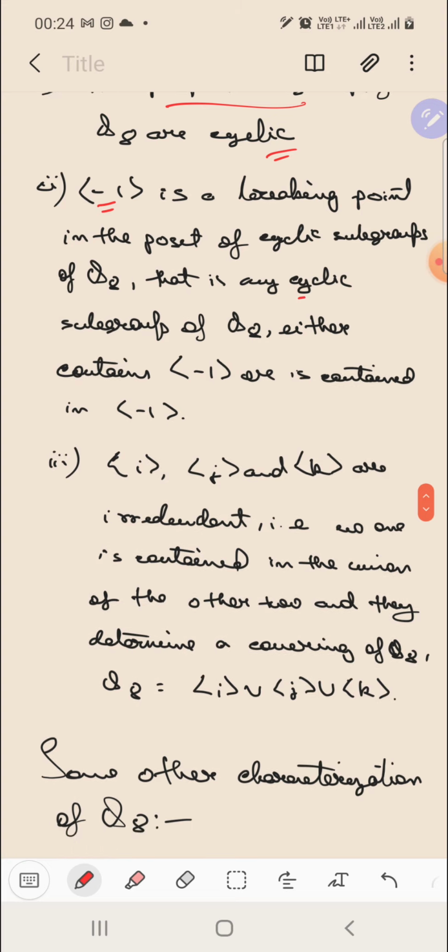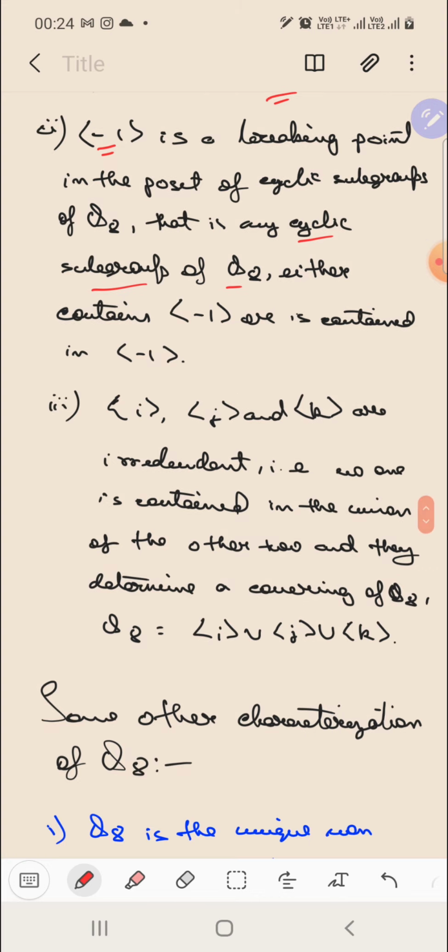Any cyclic subgroup of Q8 either contains the cyclic subgroup of -1 or is contained in the cyclic subgroup of -1.